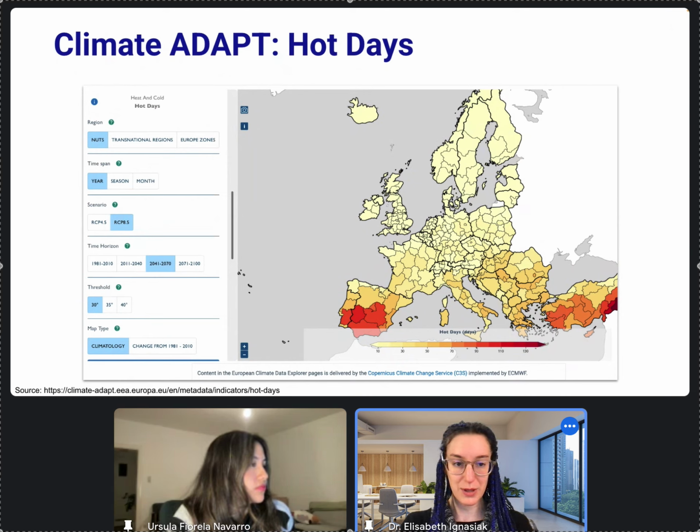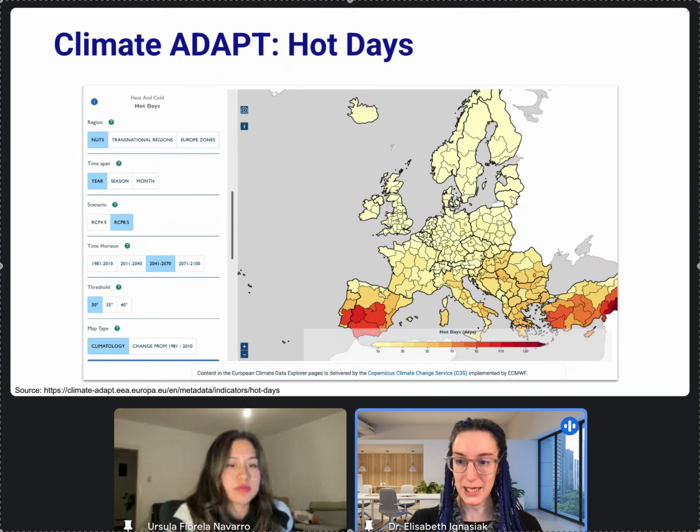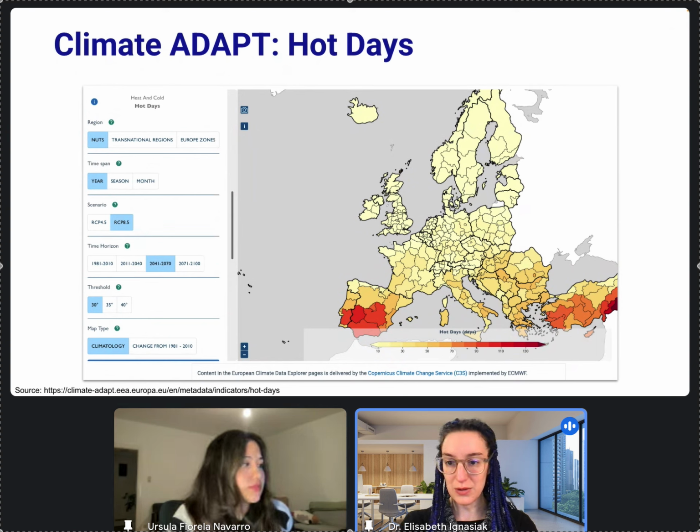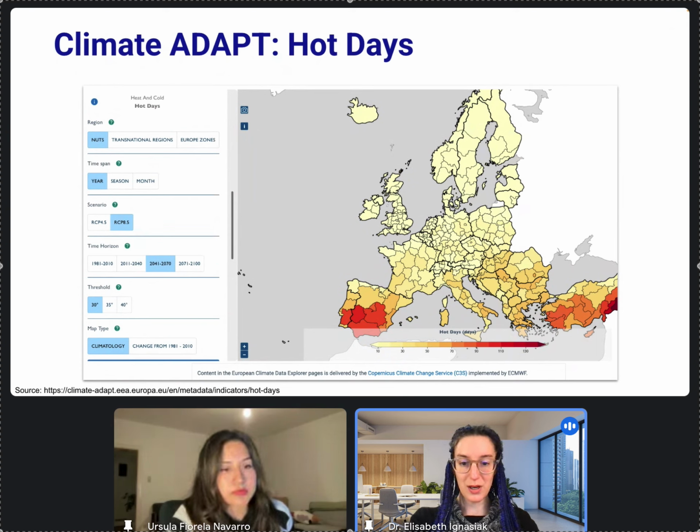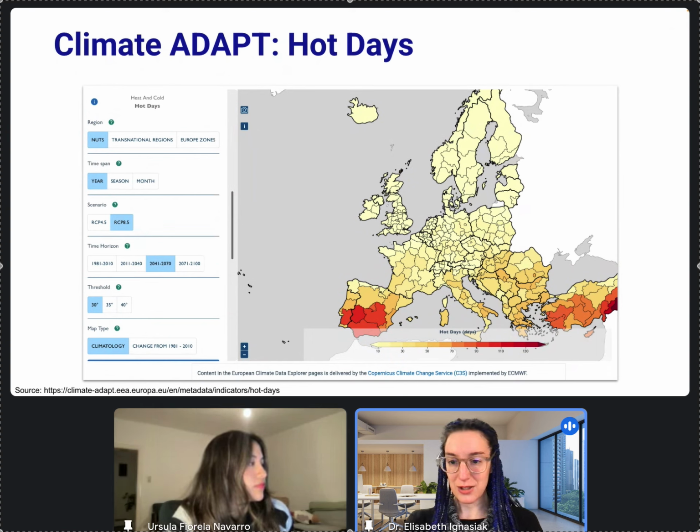and you can also decide which climate model scenario. You see now I picked the one with the stronger climate change scenario. You can change what kind of temperature thresholds you would want to see.